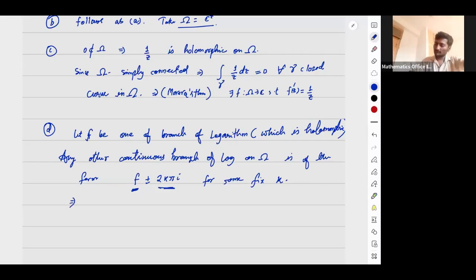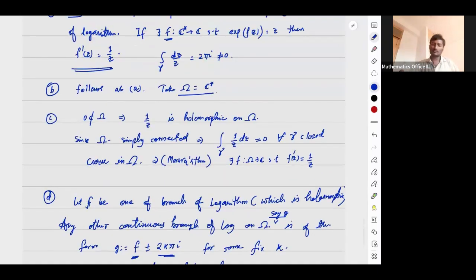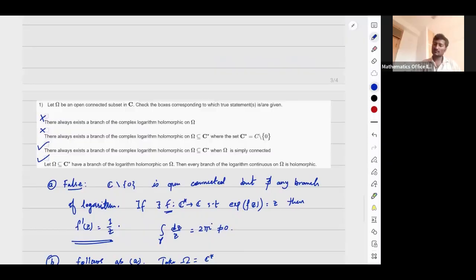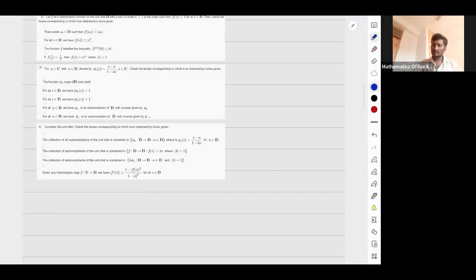This implies any other continuous branch of logarithm on omega, say g, is of this form. Then g is also holomorphic. So D is also true. Now we can take a second question.